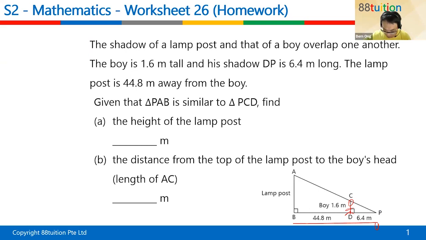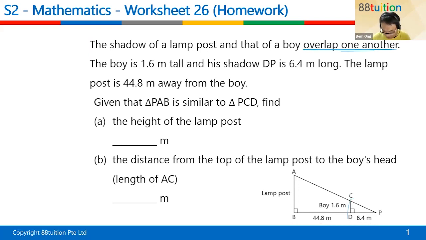The distance from the top of the lamp post to the boy's head. I think the boy's shadow might be here, but it really depends on the light. I don't understand this question also. Sorry. I don't know where the overlap portion is, so I won't jump to a conclusion. Never mind, leave it first.